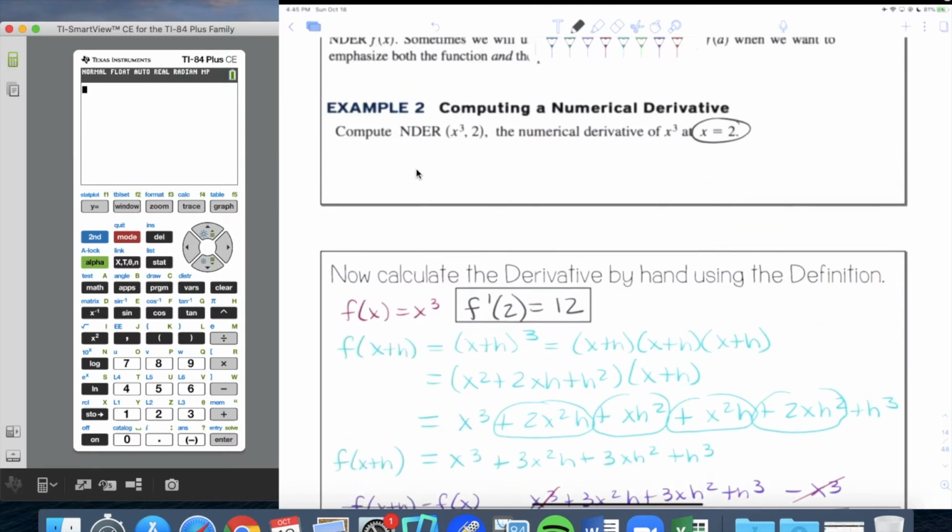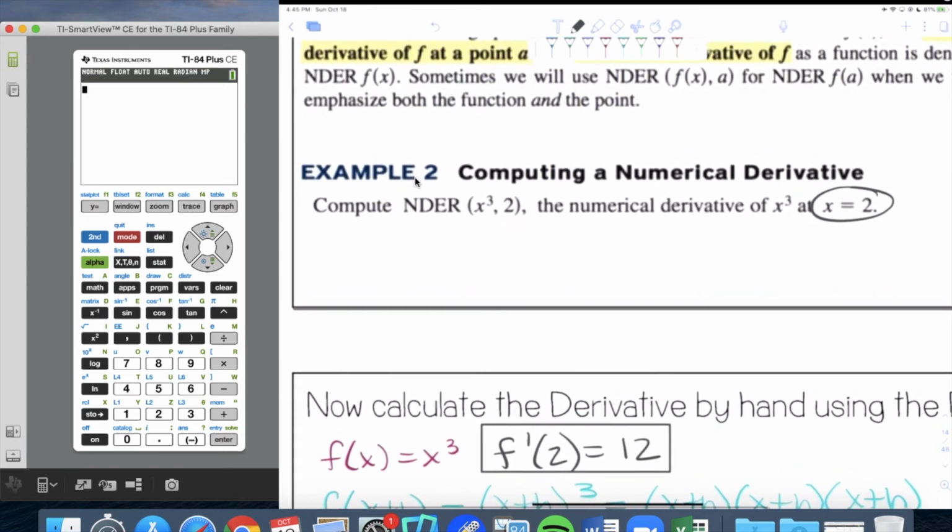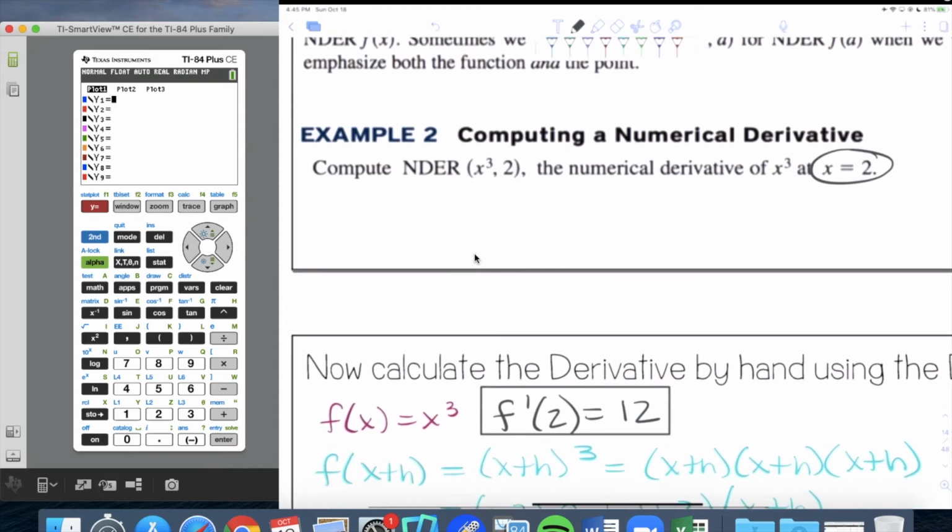It was asking for you to find nDeriv of x cubed comma 2. So we're going to go to y equals, and we're going to type in x cubed, but we want the derivative of x cubed because we want to be able to evaluate that at 2. If you go to the math key and scroll down to nDeriv, they've changed it, so let me update that on the iPad.